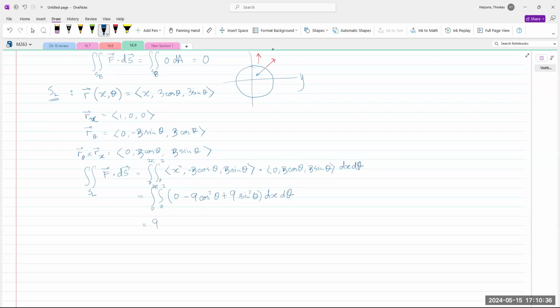This is 9 integral from 0 to 2 pi of cosine 2 theta times 2 d theta, which will be 0.